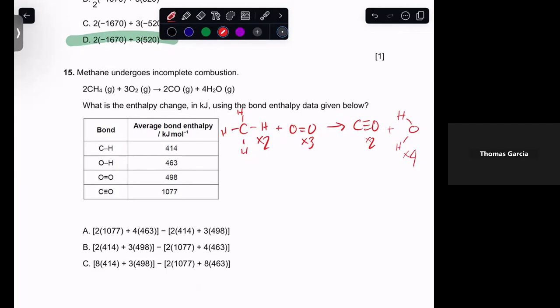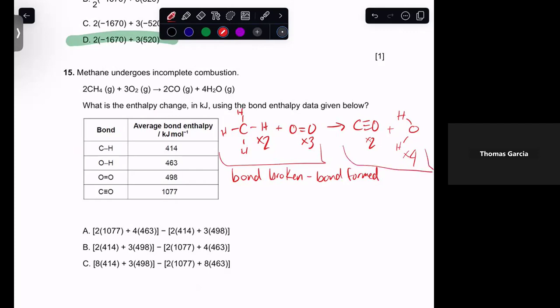Once again, we're using bond enthalpy: bonds broken minus bonds formed.